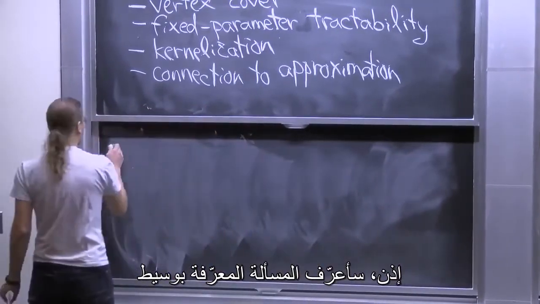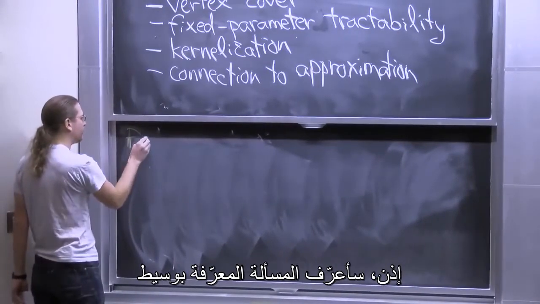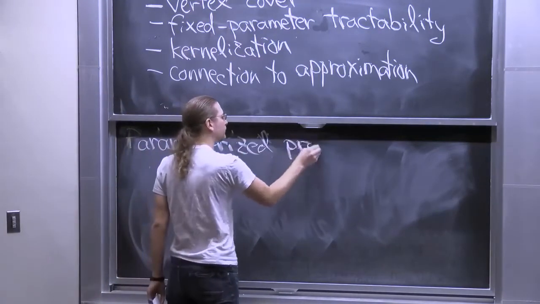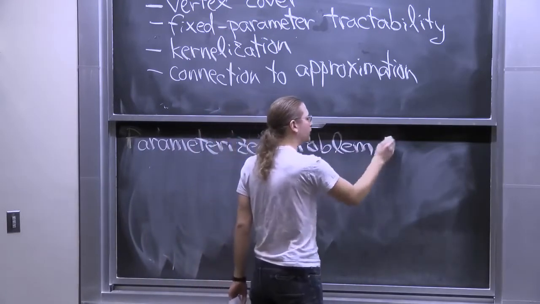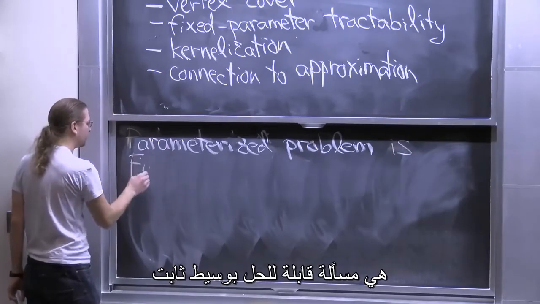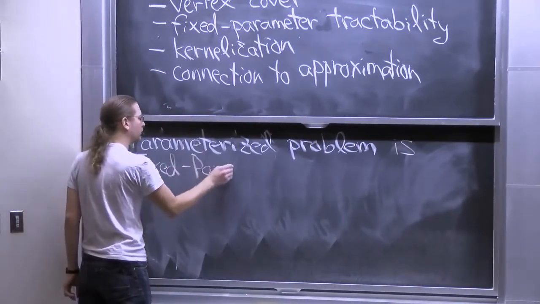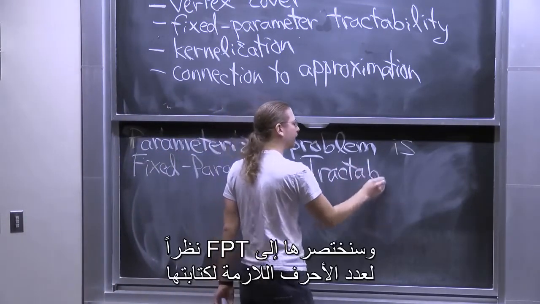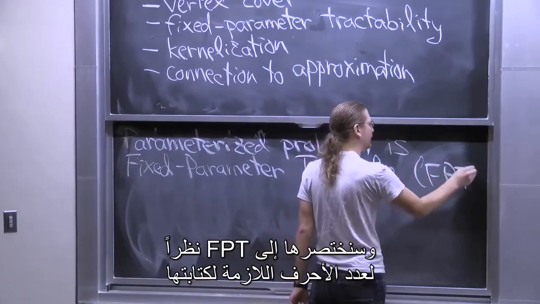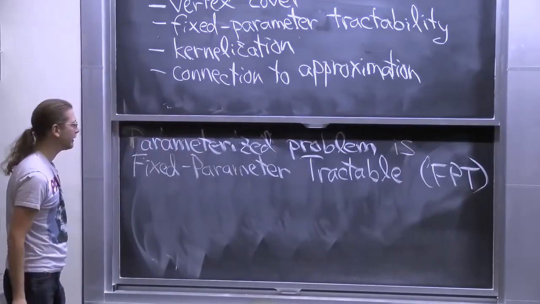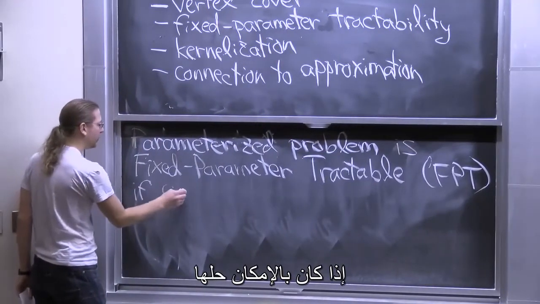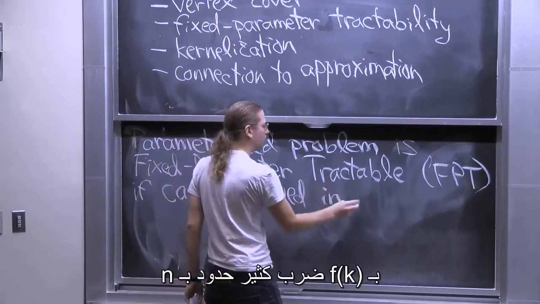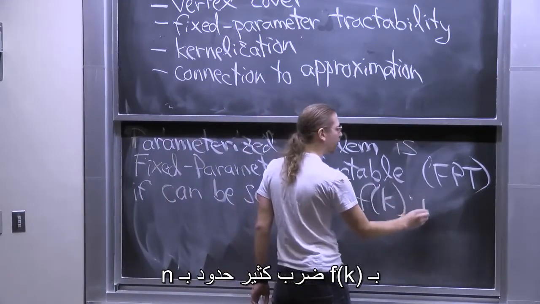So I'm going to define a parameterized problem as fixed parameter tractable, which, given how many letters that is, we're going to abbreviate to FPT, if it can be solved in f of k times polynomial in n.